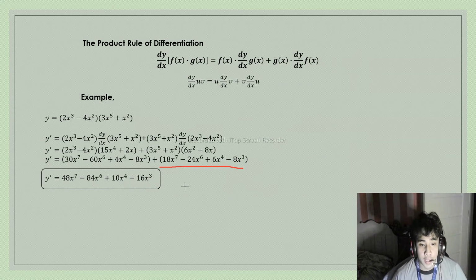Then, combine like terms. 30 plus 18 is 48x raised to 7, tapos negative 60x raised to 6 plus negative 24x raised to 6 ay negative 84x raised to 6, tapos plus 4x raised to 4 tapos 6x raised to 4 ay equal to 10x raised to 4, tapos negative 8x cubed minus 8x cubed ay negative 16x cubed.